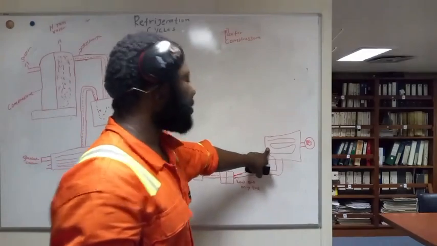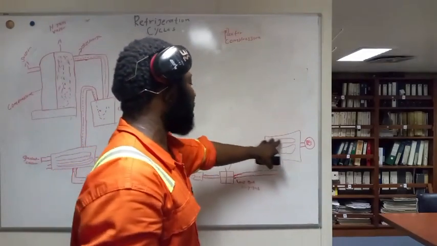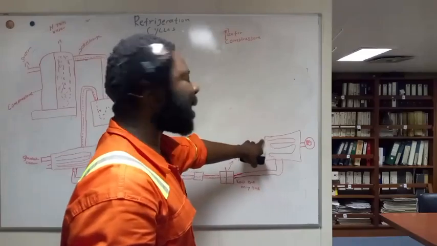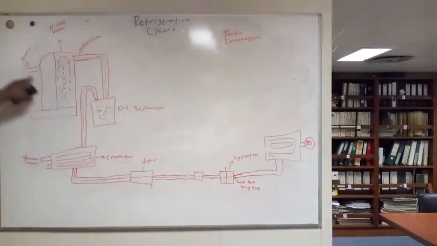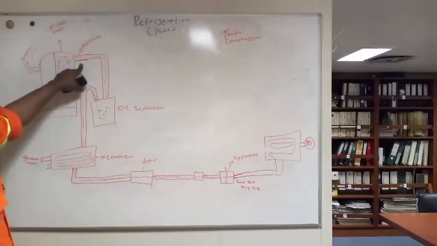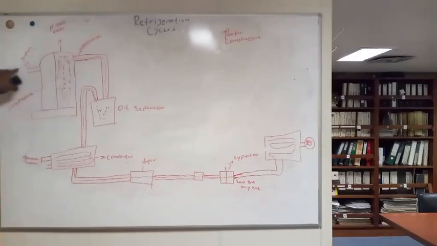After the circulation with the help of the blower, the return line moves back to the compressor as the suction. That's why in the compressor, you always see the discharge line is at a high temperature, while the suction line is always cold.